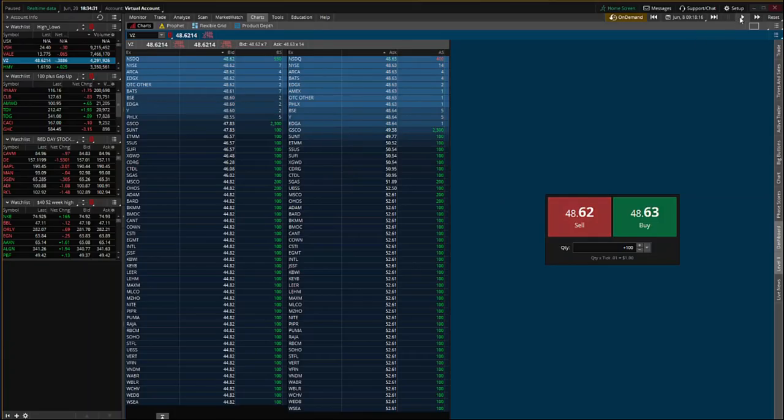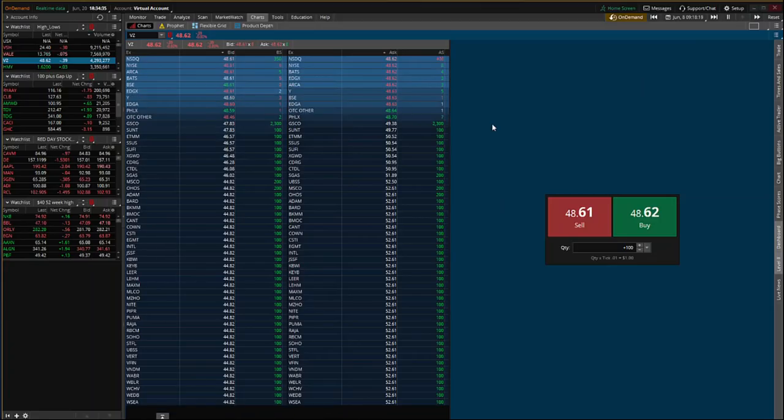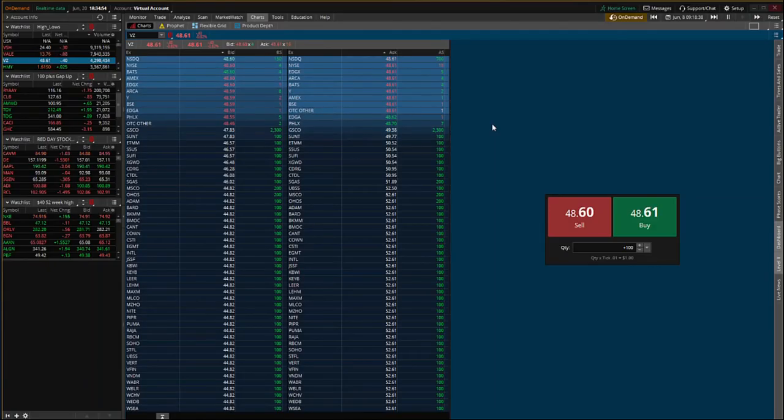Now, I know that it can kind of look intimidating when you first start opening it up. But it's something that you do need to learn if you're going to trade. It is very beneficial, and it just takes time.